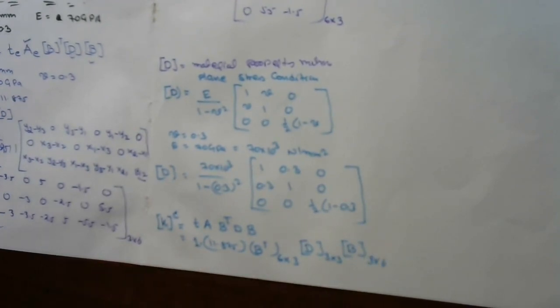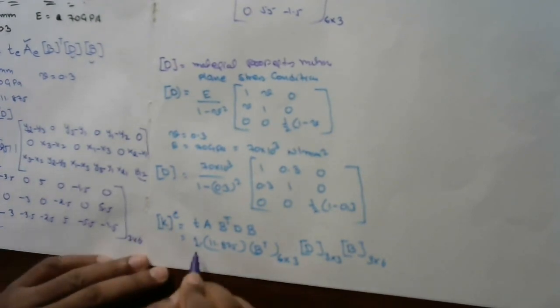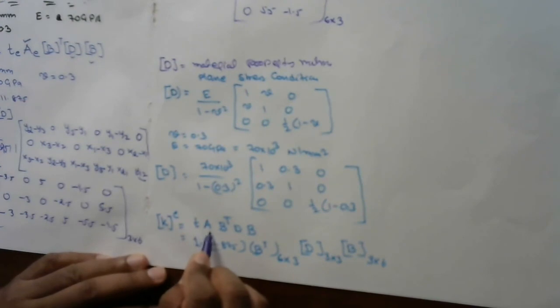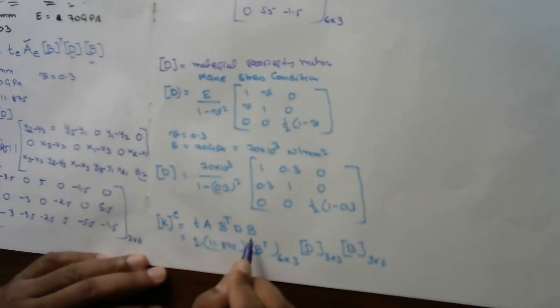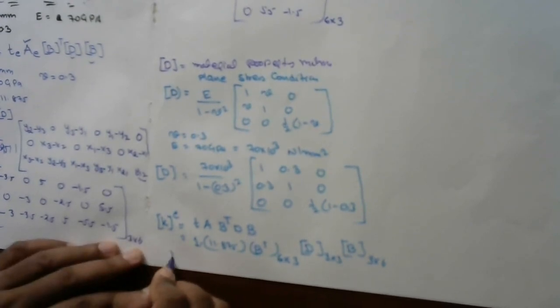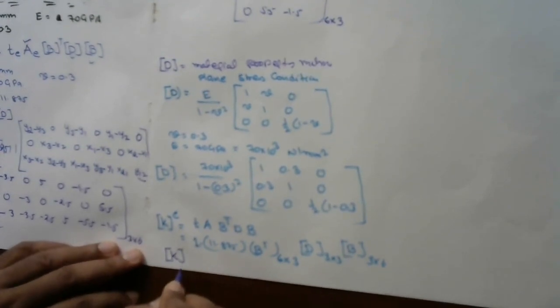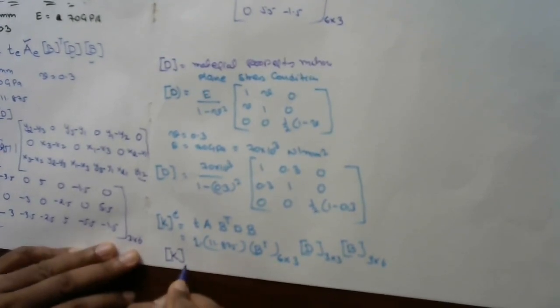Now at this point, I'm going to give you one task. You should multiply them: t into A is already known, B transpose is known, the D matrix is known, and the B matrix is also known. You just have to multiply, and you're going to get the stiffness matrix. Now I would like to tell you the order of the stiffness matrix.